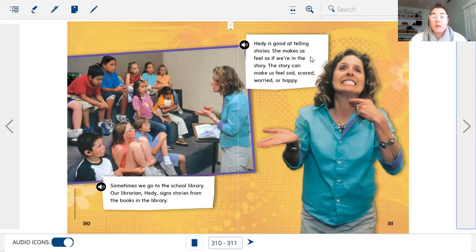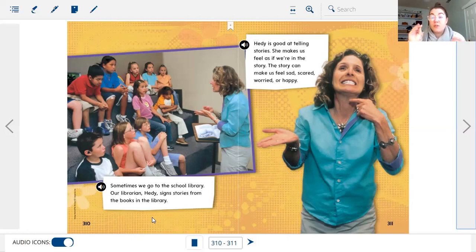Okay, so here they're talking about when they go to the library. Well, you guys go to the library, but what's different about her school was that they have a librarian who doesn't read the story word for word.